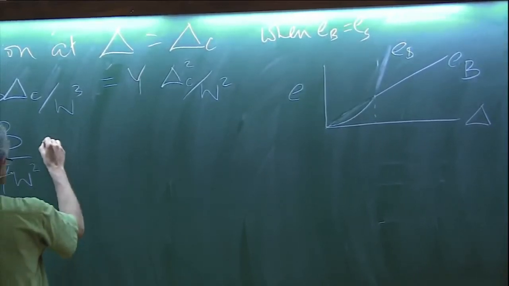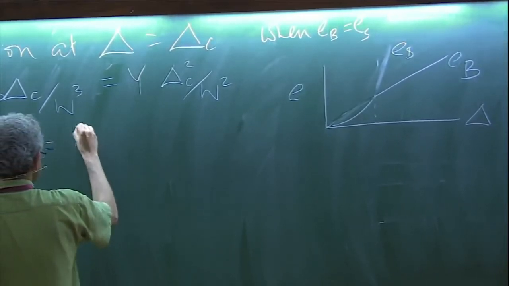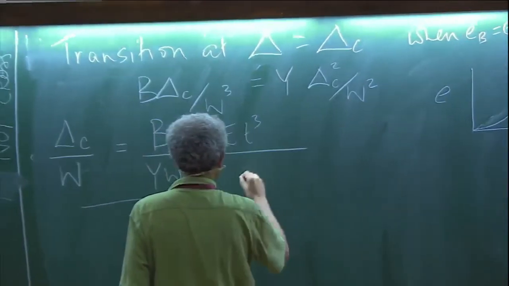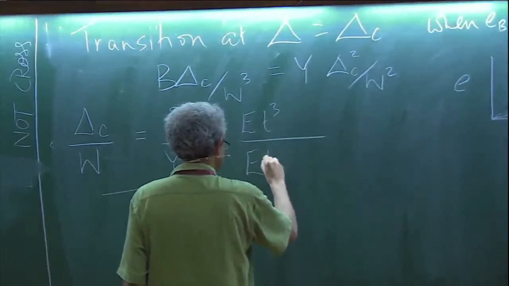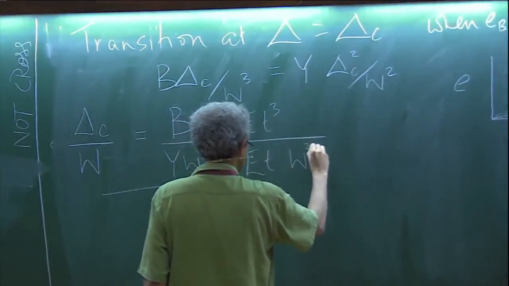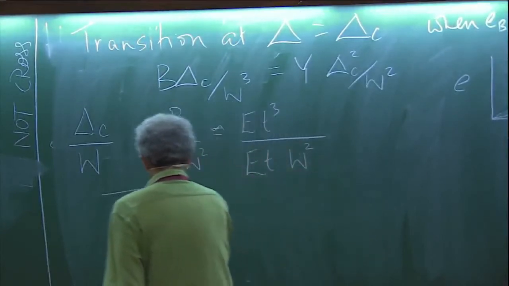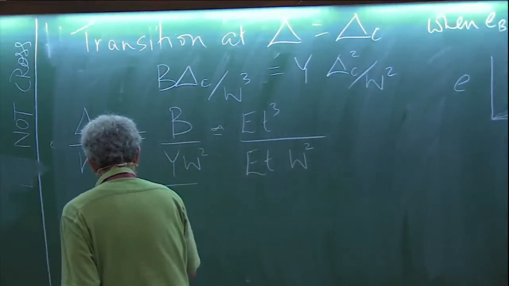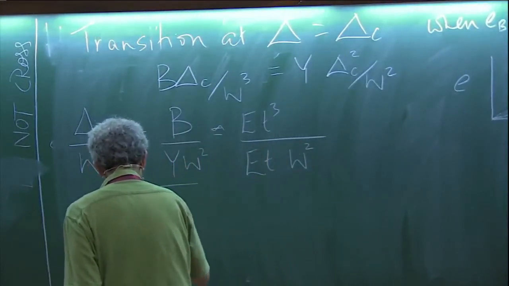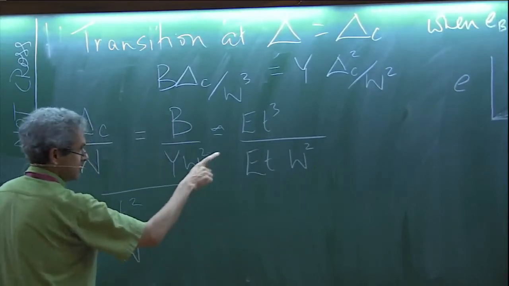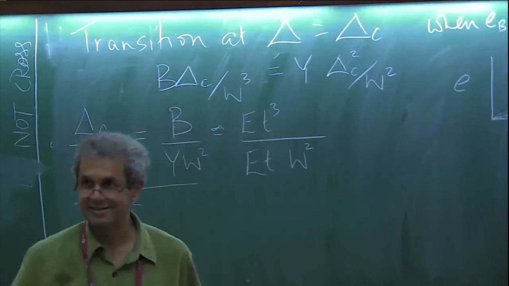And the interesting thing about this is that this scales approximately as E T cubed over E W squared, which is just T squared over W squared, maybe with some prefactors like 12 times 1 minus something else squared.